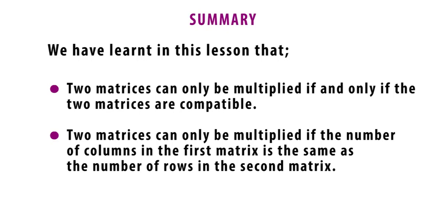In this lesson, we have learned that 2 matrices can be multiplied if and only if the 2 are compatible. We've also learned that 2 matrices can only be multiplied if the number of columns in the first matrix is the same as the number of rows in the second matrix.